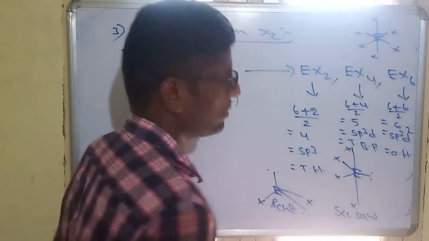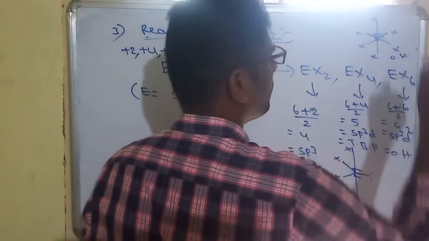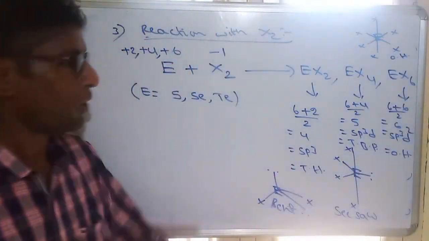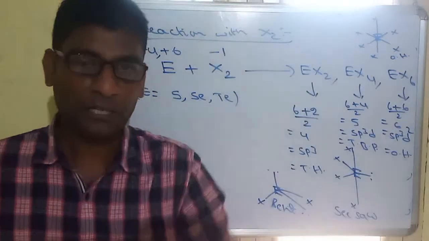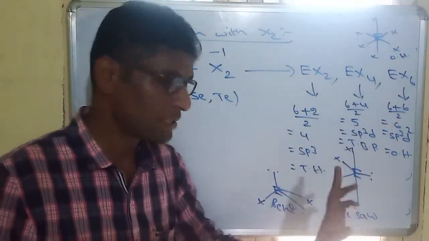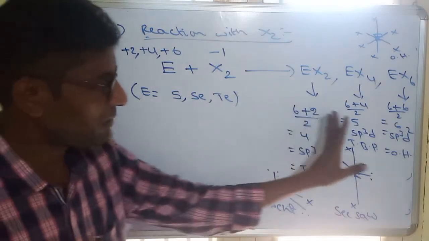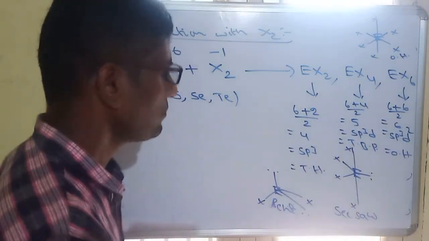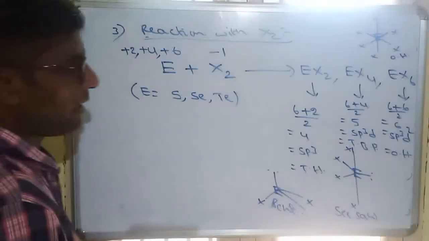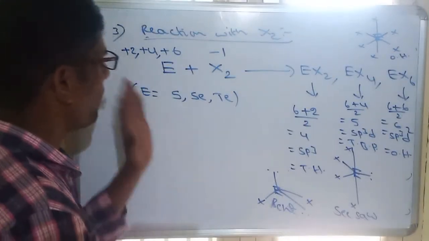There is no lone pair. That's why the shape is also octahedral. So hexahalides are octahedral, tetrahalides are seesaw, and dihalides are mostly bent. Hybridization is also given. So these are the di, tetra and hexahalides formed by 16th group elements.